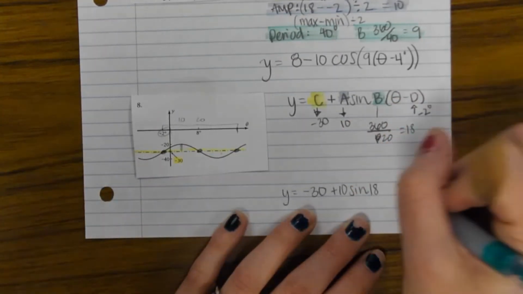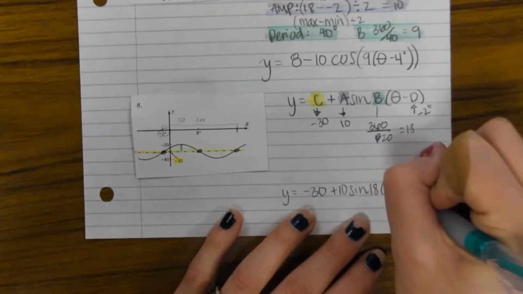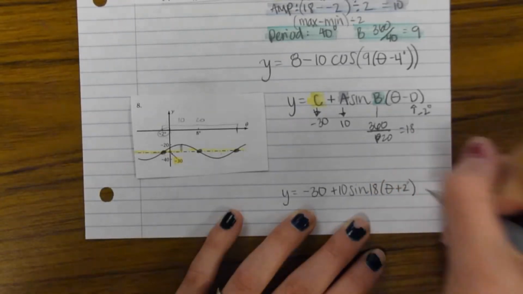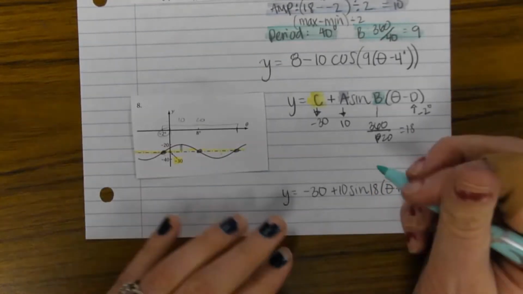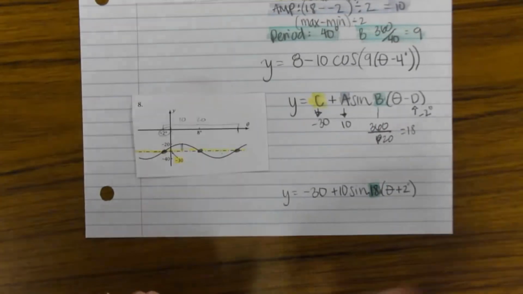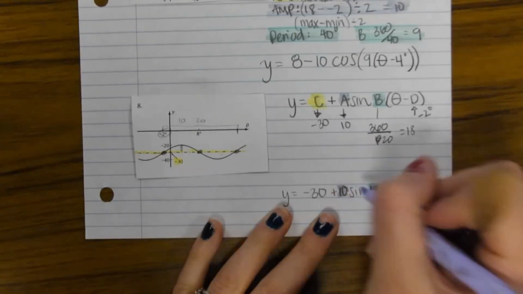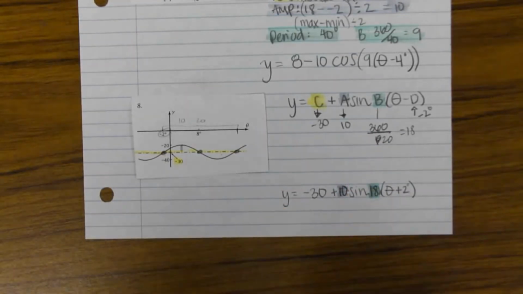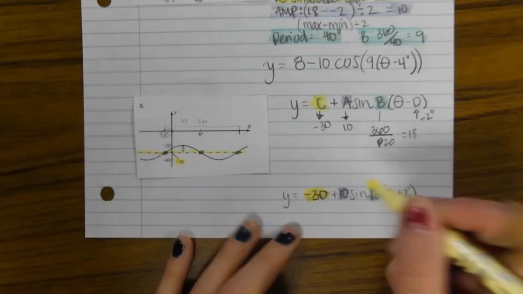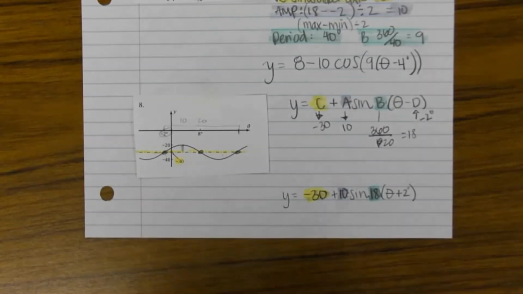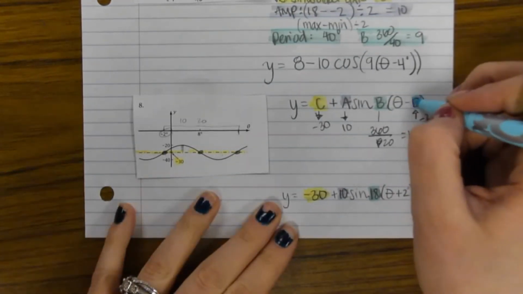So we'll put 18 here, and then we know that this is going to be theta plus 2. And again, I can go through and highlight all of these just so you can see exactly where they came from. And that is where we got all of our numbers from.